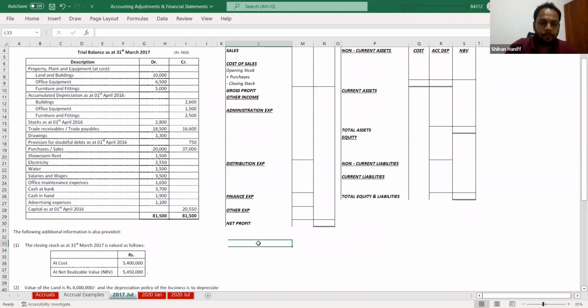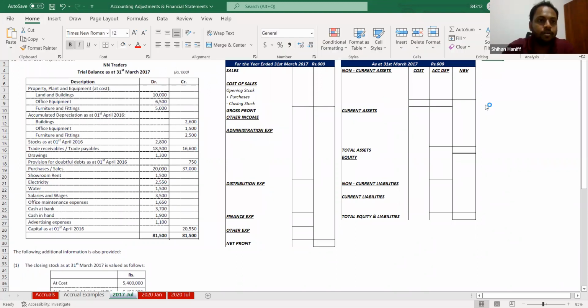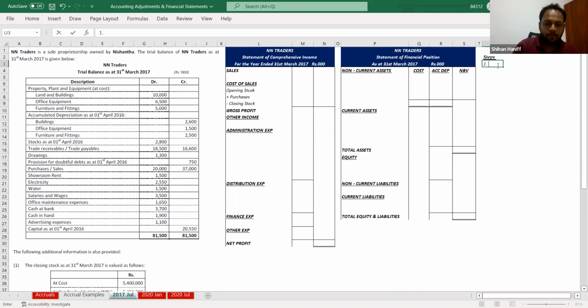All right, the steps. Number one. Then the second step, additional information.